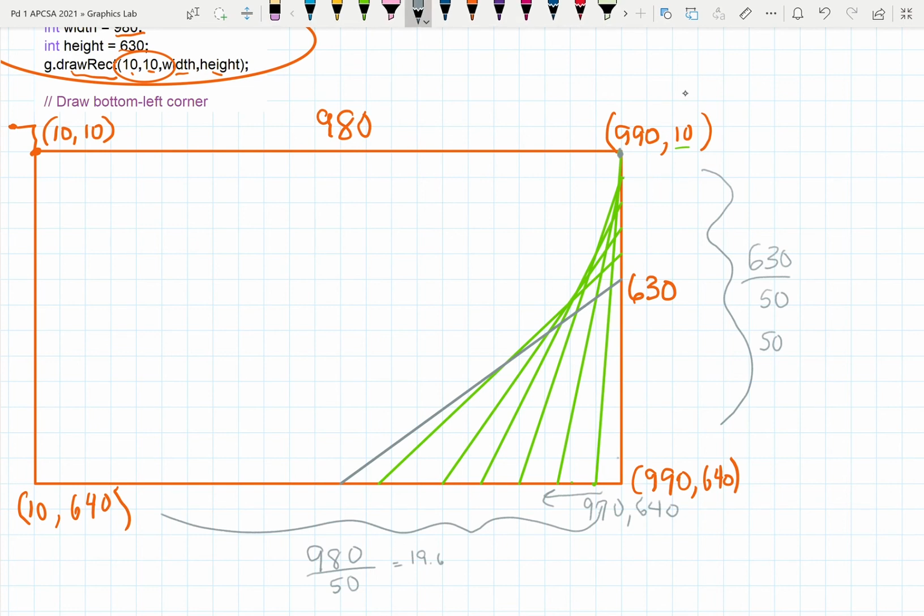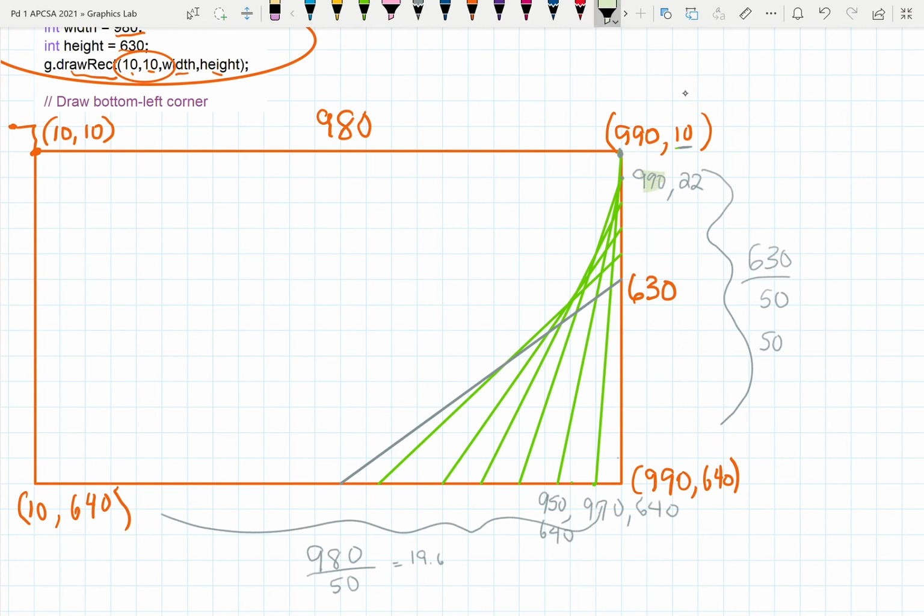My next line, I'm going to go down by, I said 12, I think it was. So I'm going to increase my y coordinate by 12, but my x coordinate stays the same. So 990, 22. And it's going to get connected to, now the change here is 20, to 950, 640. Notice what's happening here.